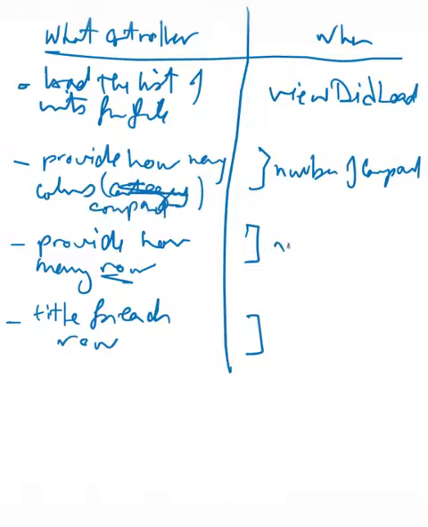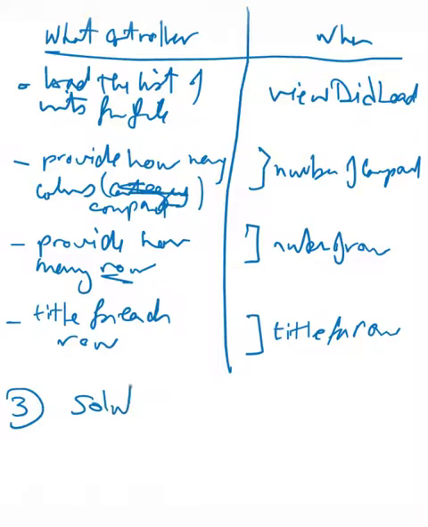And this is called number of rows, and this is called title for row. When we open Xcode, we'll see in the documentation how we can find all of those. And then once the controller provides this, the pickerView will display everything. So then step number 3, the solution implementation.